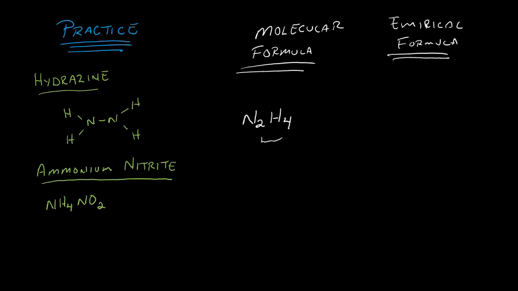And so N2H4 for the molecular formula. The empirical formula, again, you can pretty easily see that we've got twice as many hydrogens as nitrogens. So this is NH2. Although if you wanted to, you could also just take each of these numbers here and divide by 2 and see what we get.